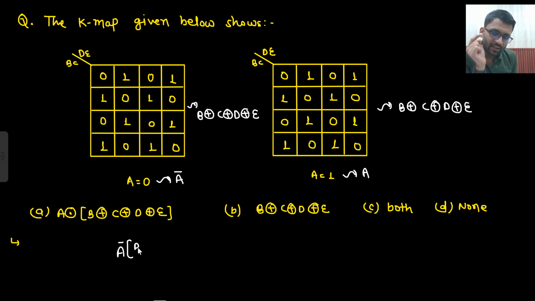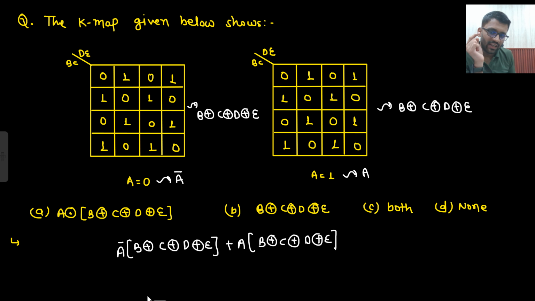For A bar I am getting B XOR C XOR D XOR E, and for A I am getting B XOR C XOR D XOR E. So I will take A common. Yeah, so this is what I am getting. Okay, so I cannot take A as common. So what would that be?